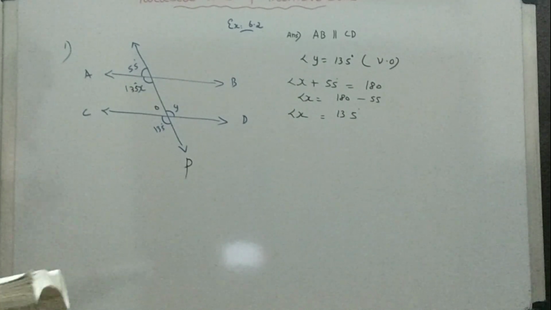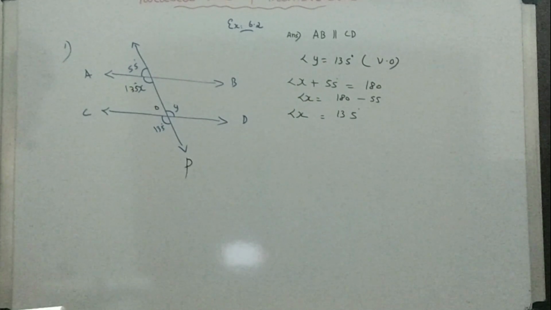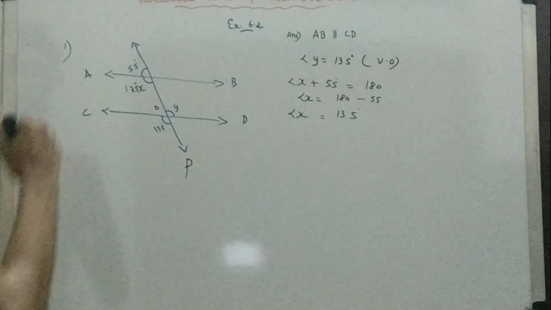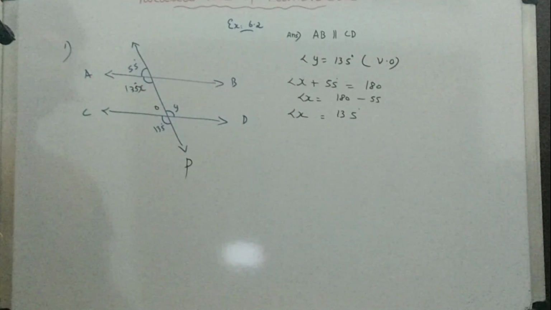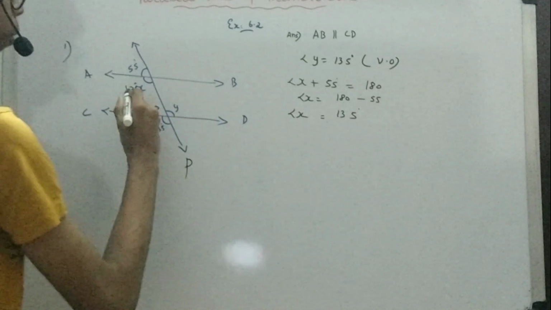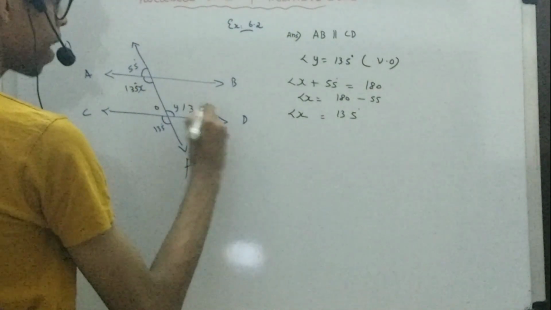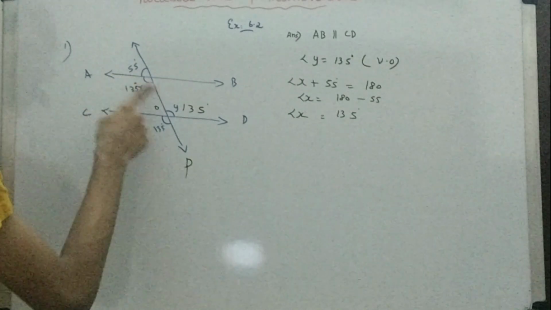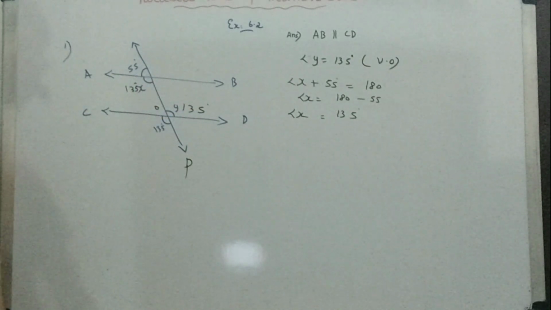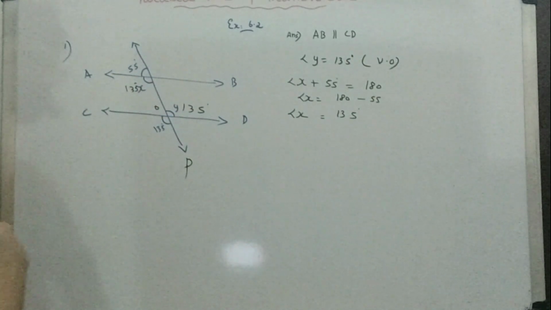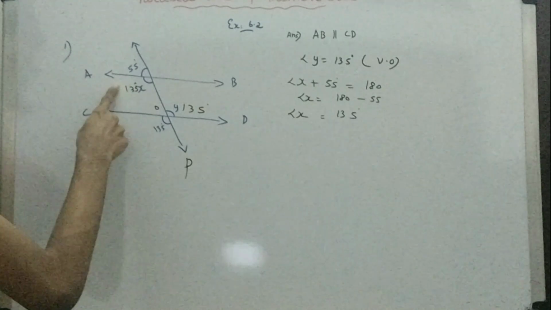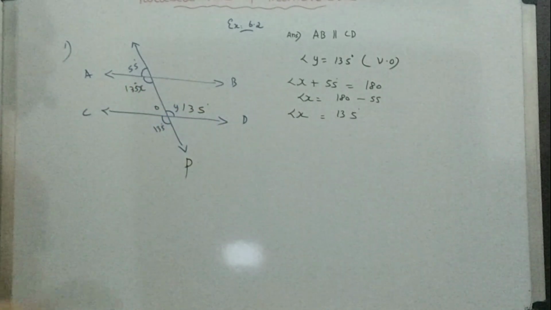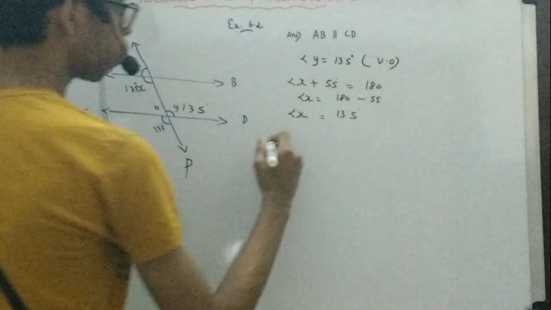Now in the question it is also given to show that AB is parallel to CD. We need to prove that AB is parallel to CD. Here we have found the value of x as 135 and y as 135. Now this angle x and this angle y are alternate interior angles, isn't it? And we see that angle x is equal to angle y, 135 degrees each.